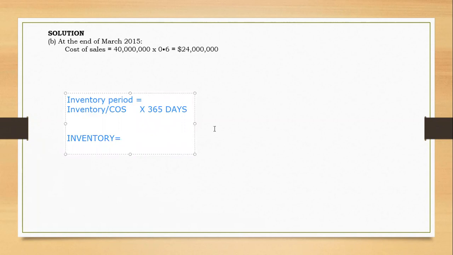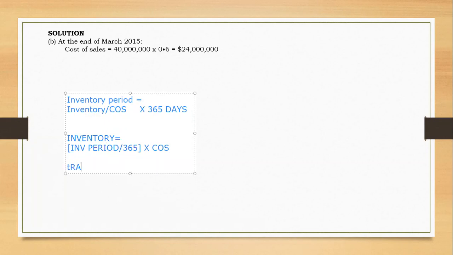inventory becomes the ratio of days. I'll have the inventory days or inventory period divided by 365, and my total value would be multiplied by cost of sales. So this is how I'm going to obtain inventory. I'll also need the trade receivables. How am I going to get trade receivables? The same way.